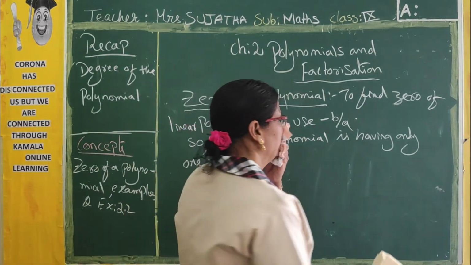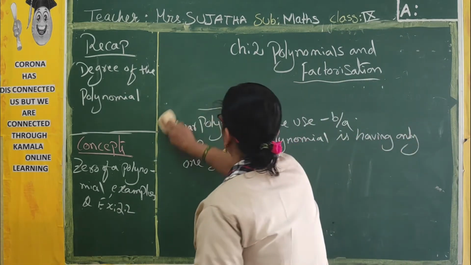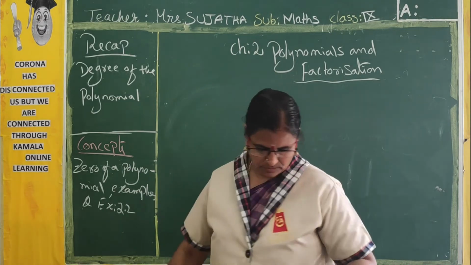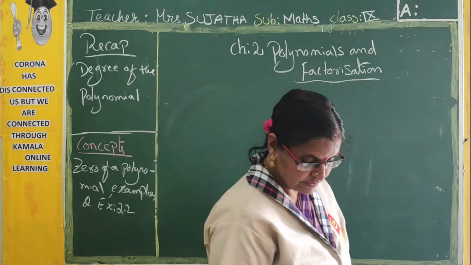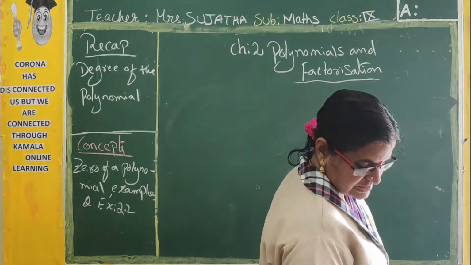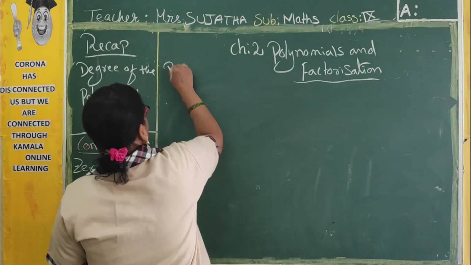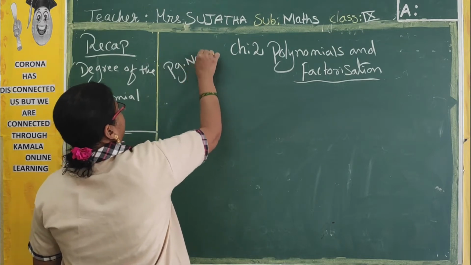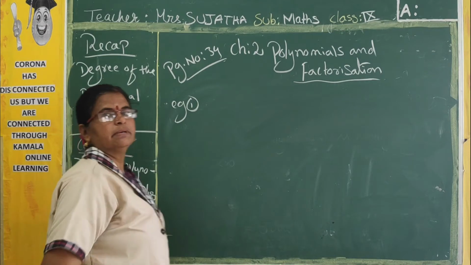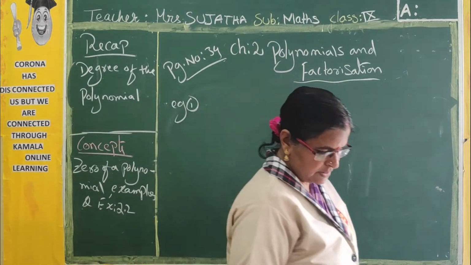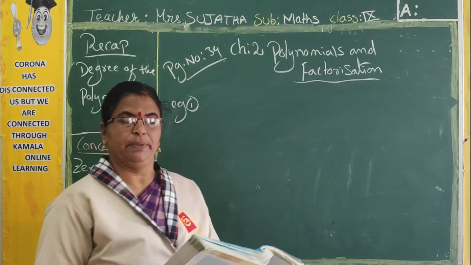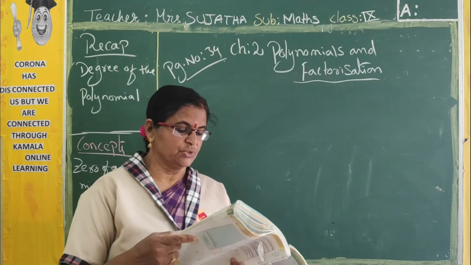Now, see one example. How can you find the zero of the polynomial? Take out page number 34. Example 1. P of x is equal to x plus 2. Find P of 1, P of 2, P of minus 1, P of minus 2.